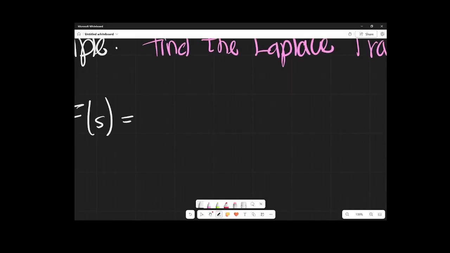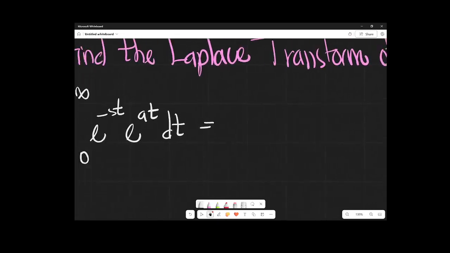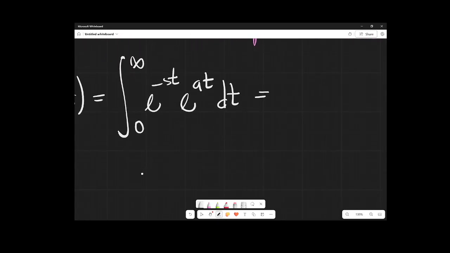This unilateral integral. And so I'm going to do something clever here. I'm going to notice that in the multiplication of the same bases raised to exponents, we can just add the exponents, in this case.